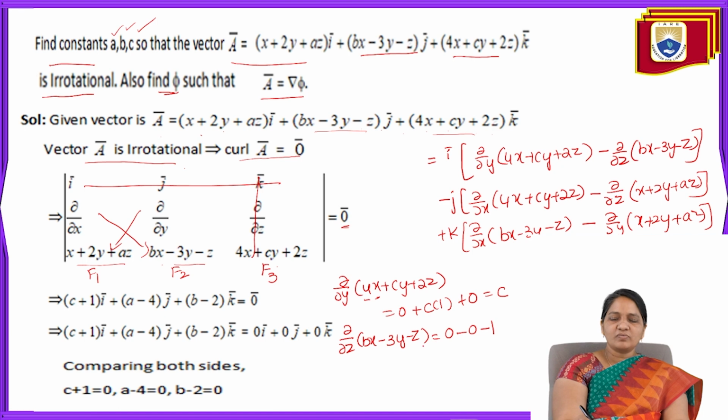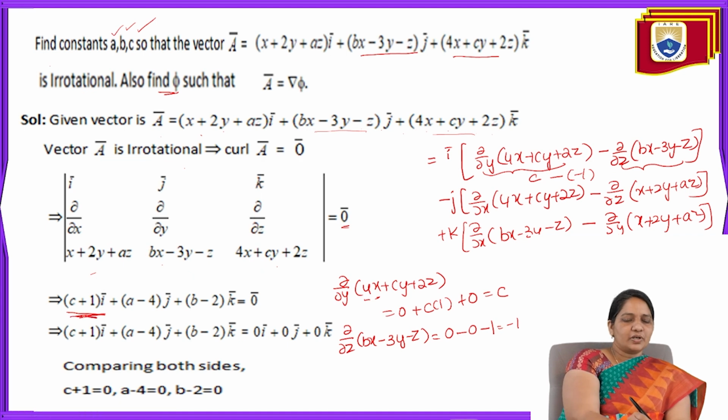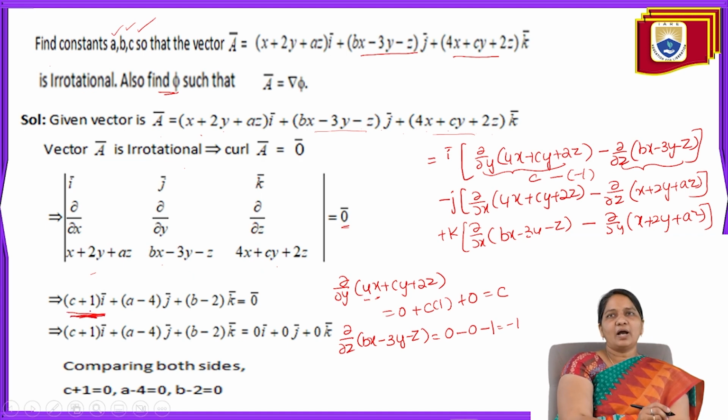Dou by dou z of z is 1, so this value is minus 1. So the first value is c minus of minus 1, finally c plus 1 into i.